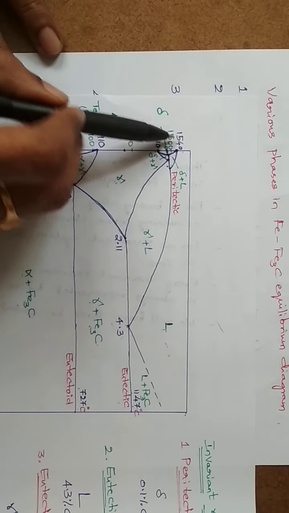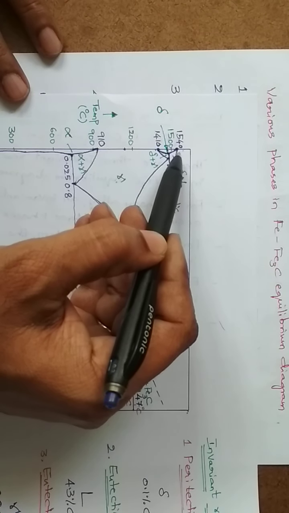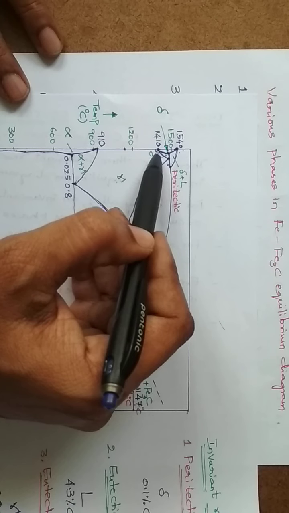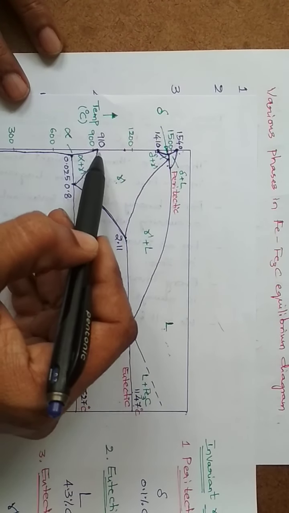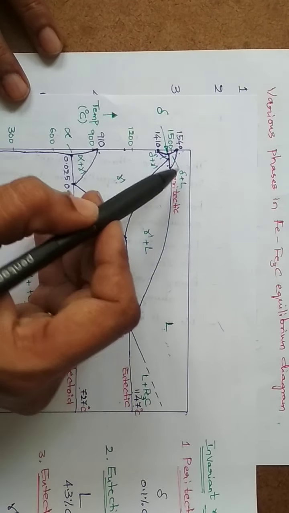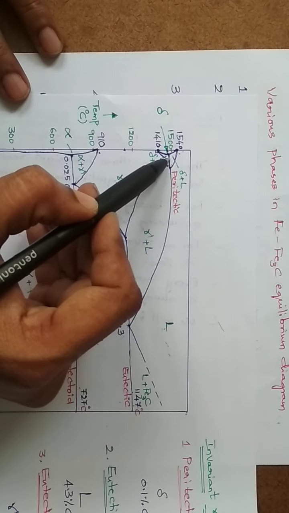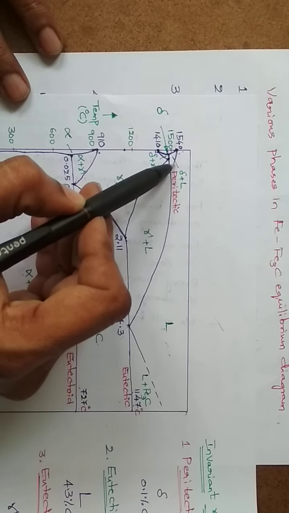Then we have identified a few temperatures. One is 1540, which is the melting point of iron, then 1410, where a solid state transformation takes place, and another temperature, 910, where another solid state transformation takes place. We have joined these two lines, and this is 0.2%. So we have drawn a line here, and again we have drawn this boundary.